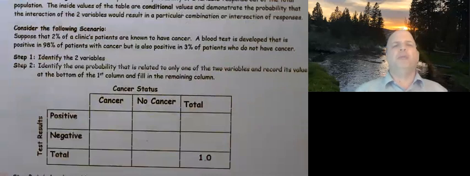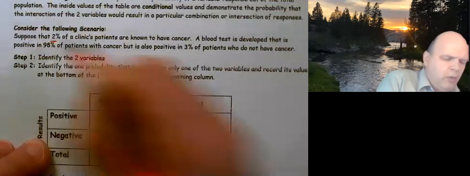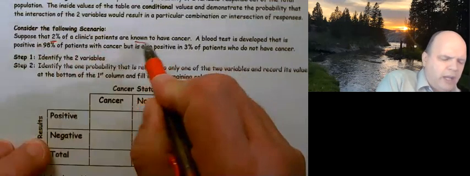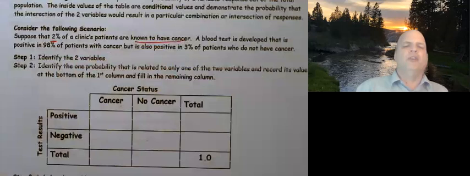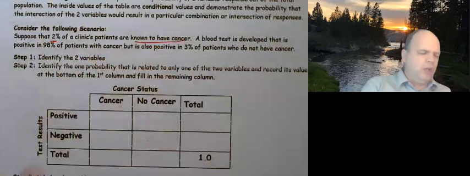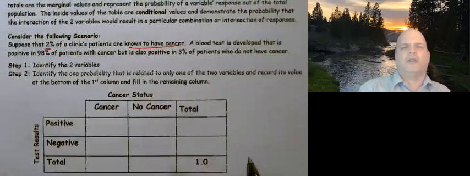So suppose 2% of the patients are known to have cancer. When I read that 2%, we know that they are known to have cancer, and we don't relate it in any way to the test. There's no ifs or ofs or anything. They're just known to have cancer, period. That looks pretty good. That's probably my number, but let's read on and make a contrast.